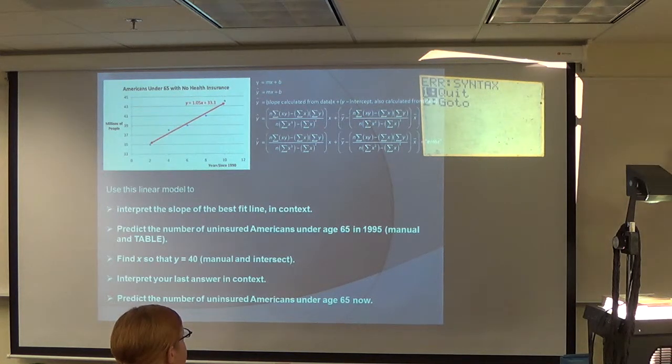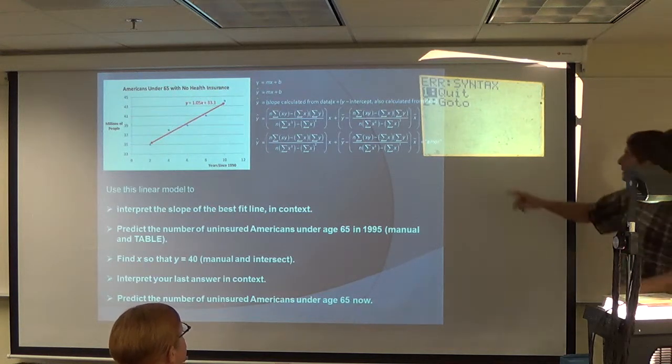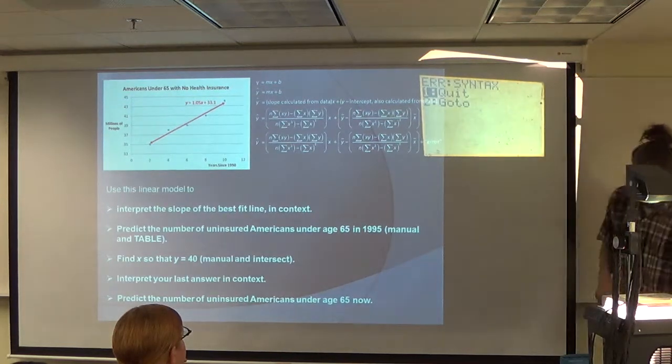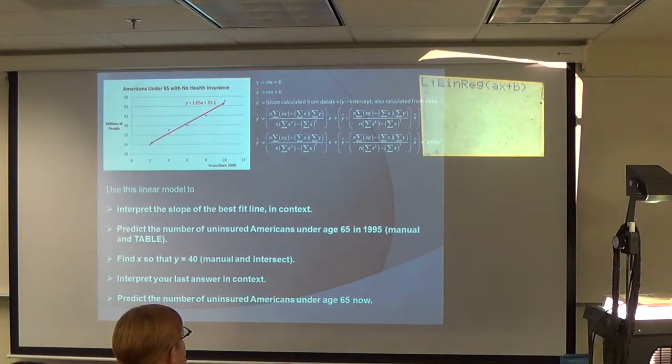They give you one quick name in 8 letters or less, and it's your job to figure out what it is. But I will tell you this, if it ever gives you a go-to error like this, go to it. Number 2, and it'll take you right to where the problem is. And the problem right now is saying there's a problem between the L1 and the LinReg. And that's when you go, oh, the L1 doesn't need to be there. So you would take that out, and then you put the Y1 at the end.